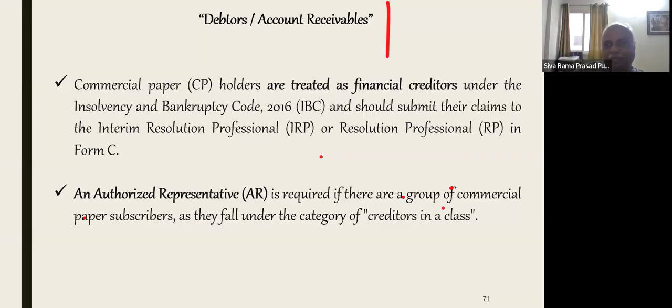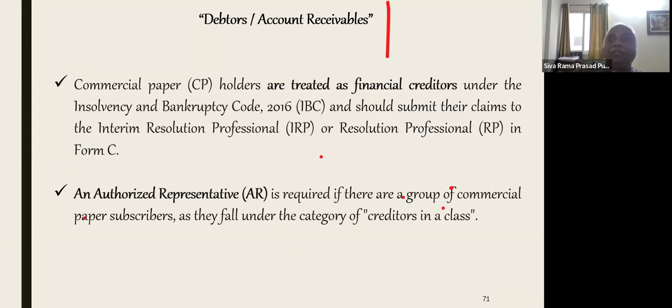Like home buyers, we are appointing an authorized representative. If the company has debentures, an authorized representative acts on behalf of debenture holders. If the company has fixed deposits, under the fixed deposit acceptance rules, they also have to appoint an authorized representative.